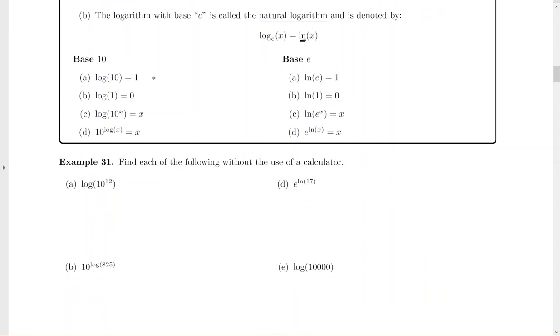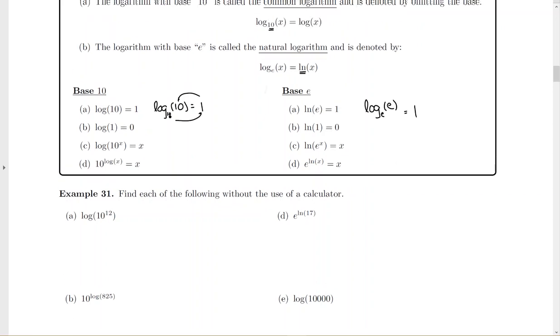So for example, this is really saying log base 10 of 10 equals 1, because 10 to the 1 power gives me back 10. This one is natural log of e equals 1. So another name for natural log is log base e. My argument is e equals 1.